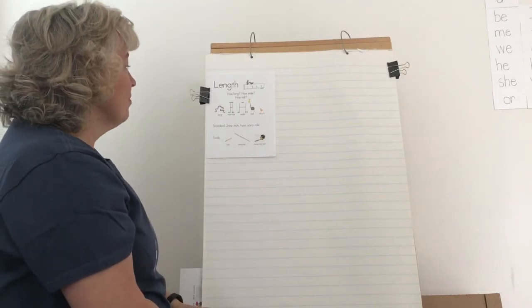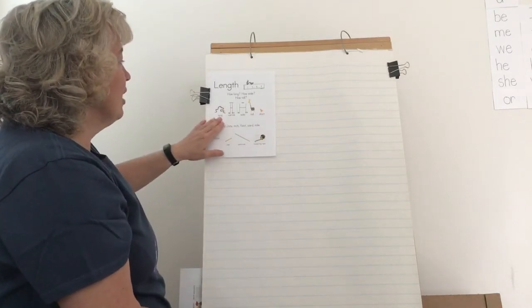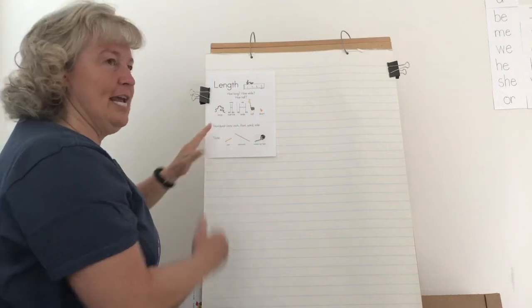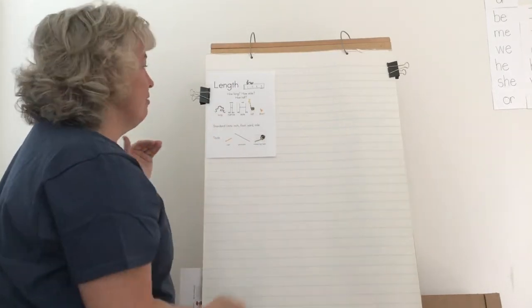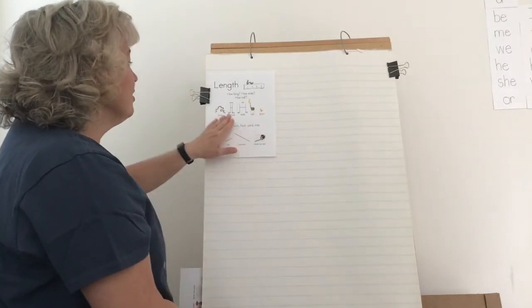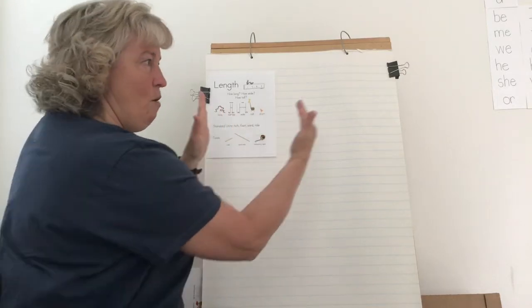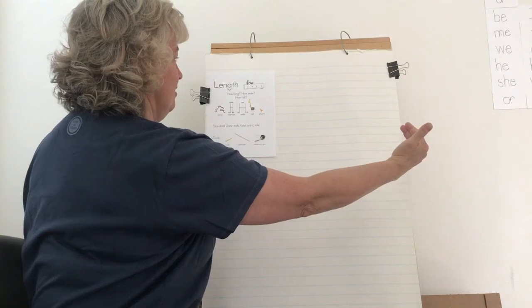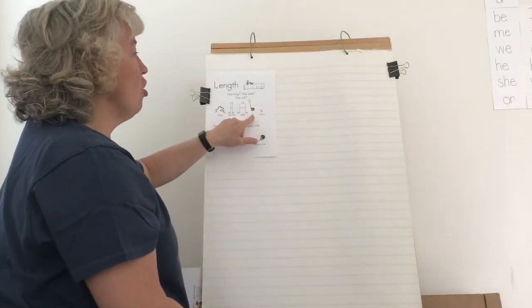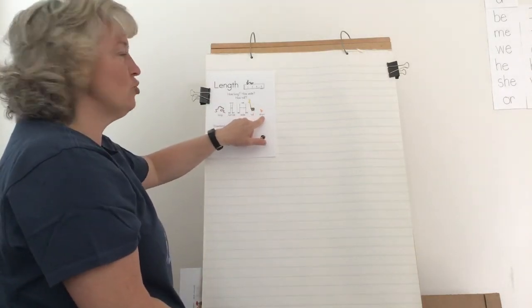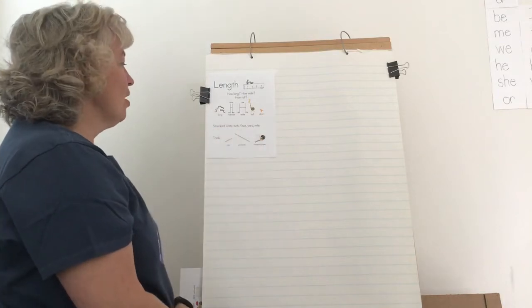All right? So we could look at the length of a snake. How long is a snake? We could decide how narrow something is or how wide something is. We could look at how tall something is or even how short something is.